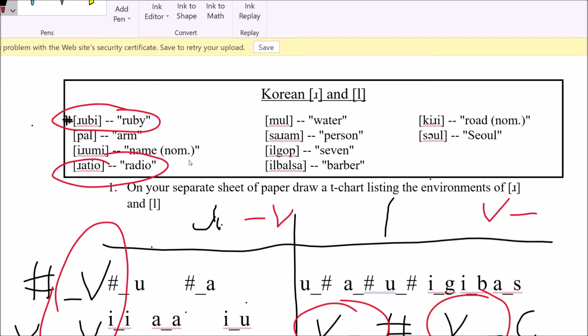And these ones are English loanwords, so they're trying to imitate the phonology of the sound of the original language that these words come from.